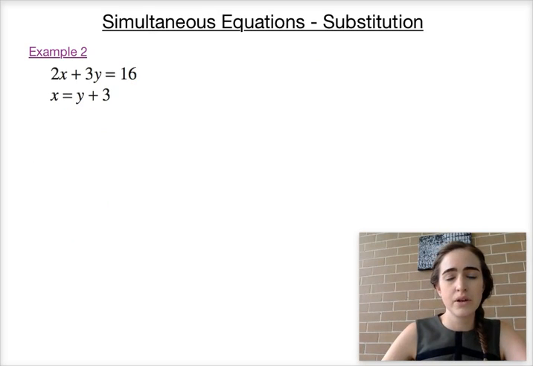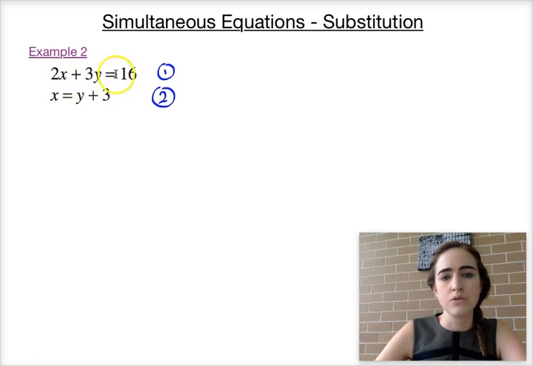So the second example I want to have a look at, our equations are 2x plus 3y equals 16 and x equals y plus 3. Again, the first thing you always want to do is number your equations, so equation 1 and equation 2. Now in this one, we know that x is equal to y plus 3, so we can substitute that into our first equation. Where it's got x, we can replace that with y plus 3.